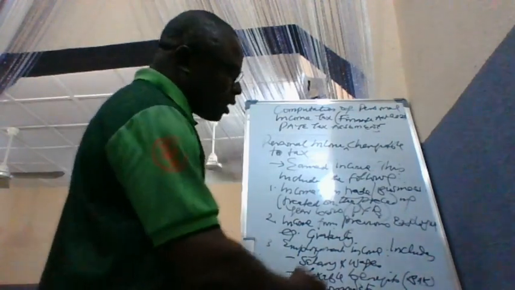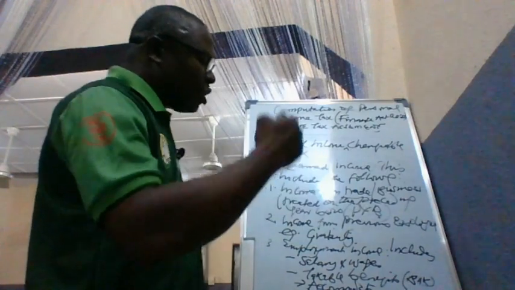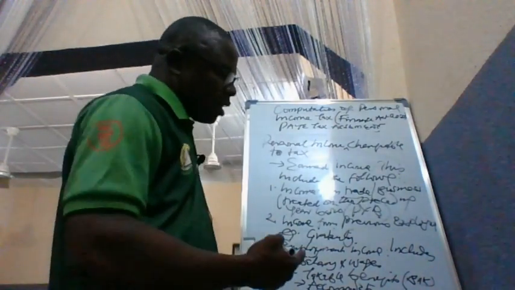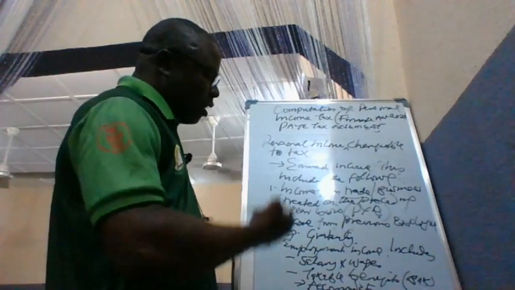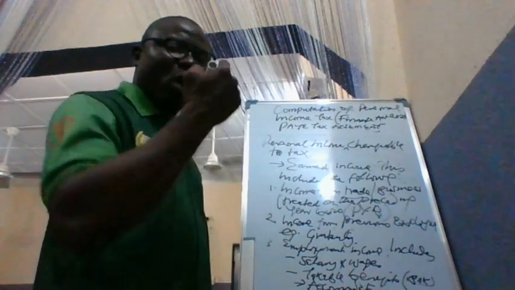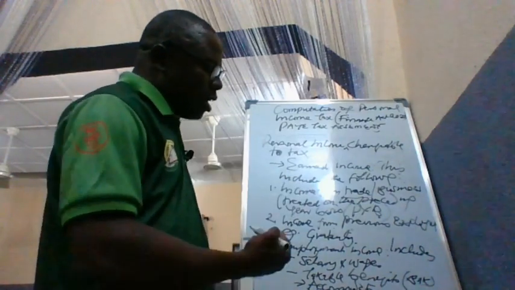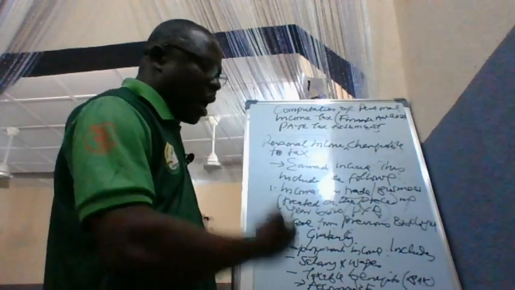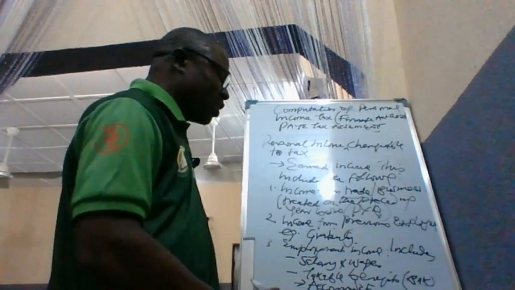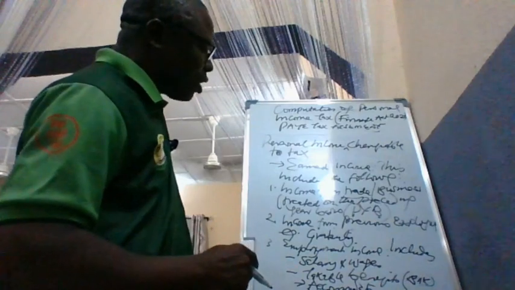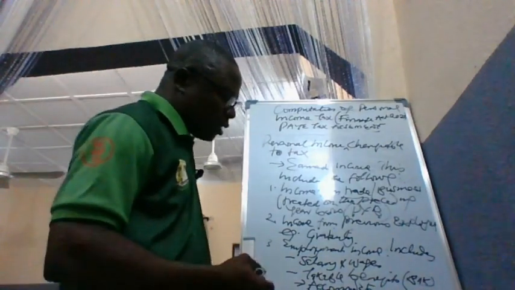This asset is also charged under the treatment of the personal income tax. Once it is charged on the actual cost of that asset, 5% is charged on that asset and then charged to the employee's computation of personal income tax.